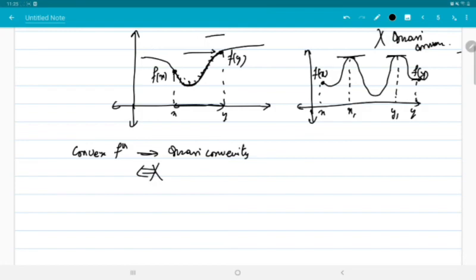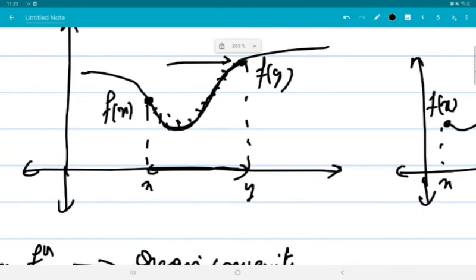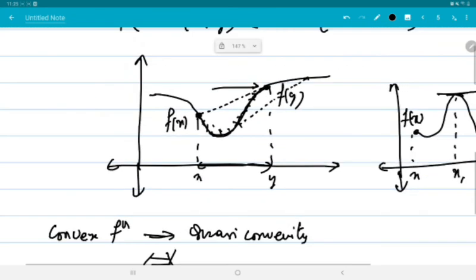It is not convex, but it is quasi-convex, because the line joining the two points on the function lies above the function curve at certain points. And if I take two other values, it lies below the curve, so it is not convex, but it is quasi-convex.